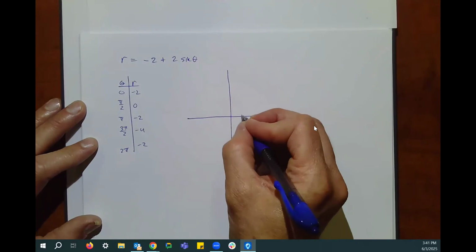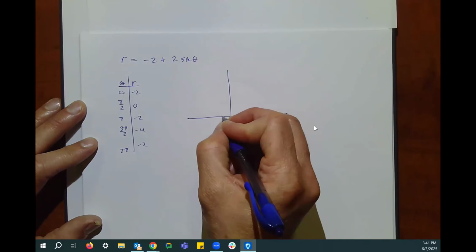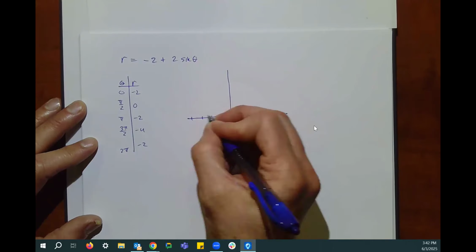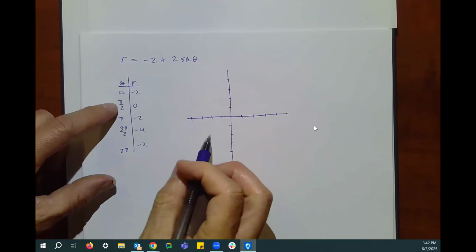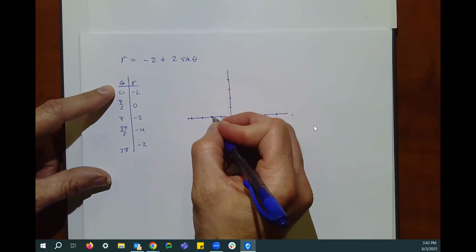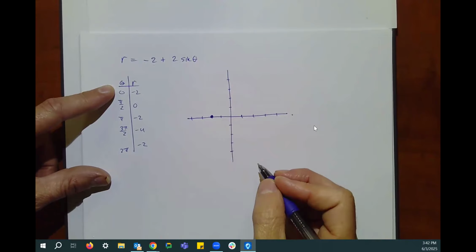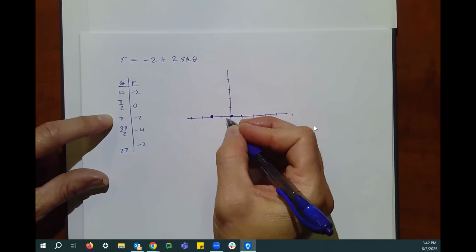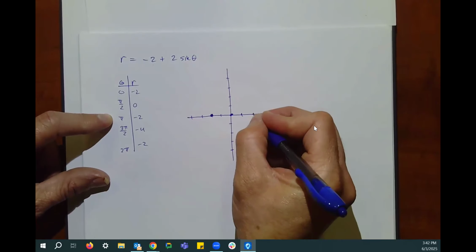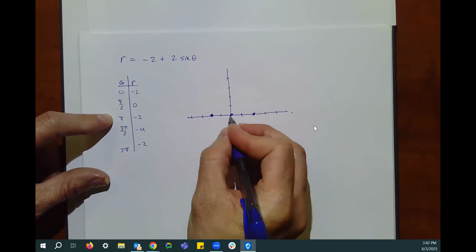So when my angle is 0, my value is -2. So there's my first point. When my angle is pi over 2, I get 0. When my angle is pi, I get -2. So I start here, then here, then here.